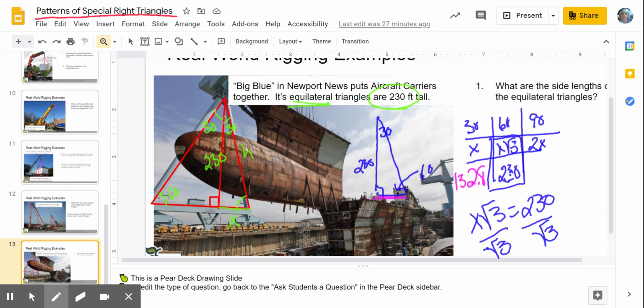So this side down here is 132.8, which means this x here is 132.8. So what's the long side? 265.6.